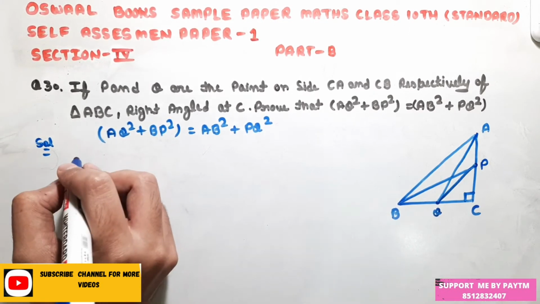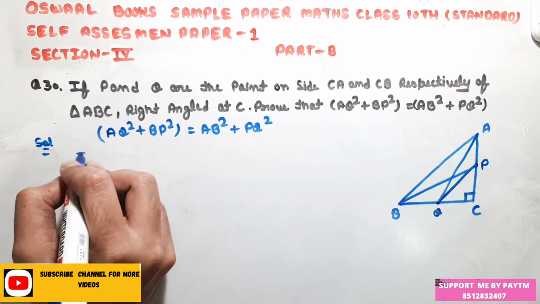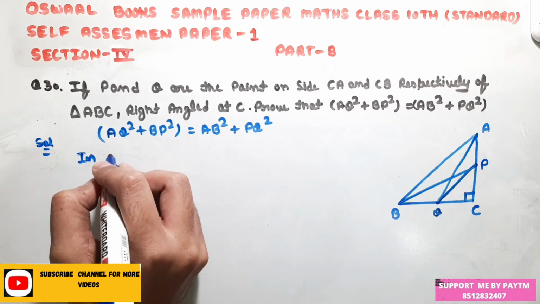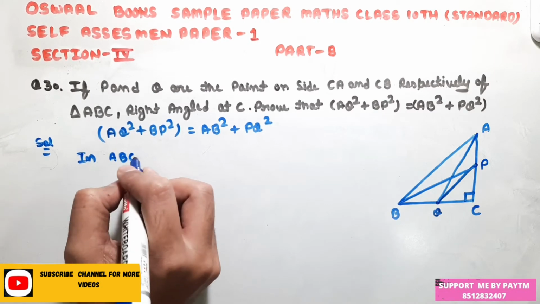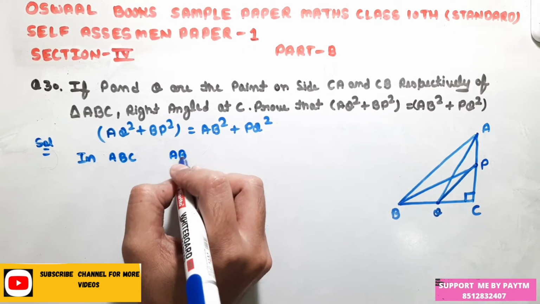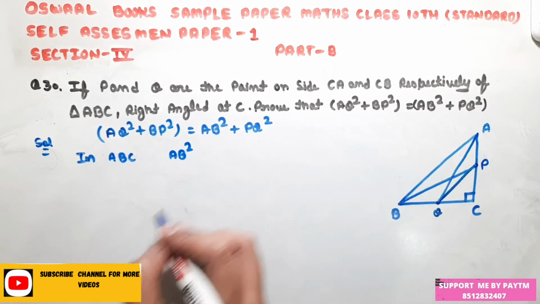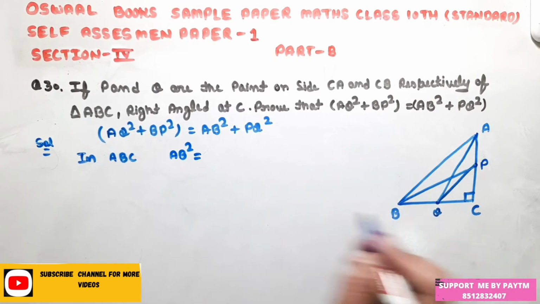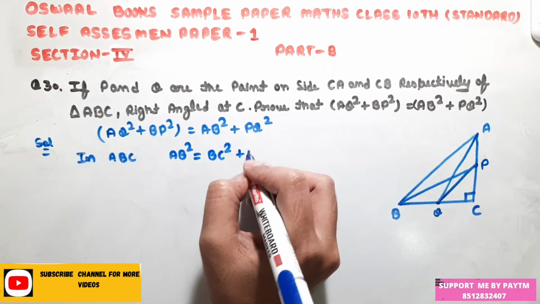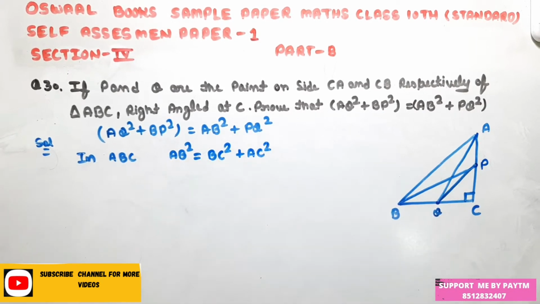So, in triangle ABC, AB square will be equal to BC square plus AC square.